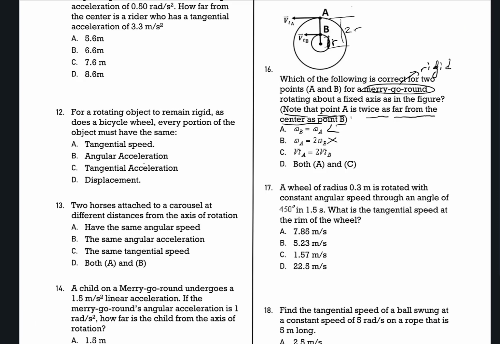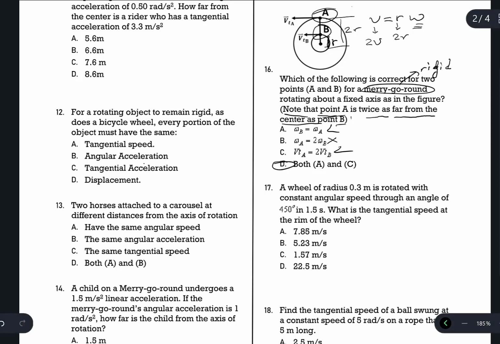Because tangential speed is directly proportional to the radius, and omega is constant for both points, if the radius changes from R to 2R, V changes to 2V. So point A will have a tangential speed twice that of point B. So C is also correct. Then, with both A and C correct, choice D is the correct answer for this question.